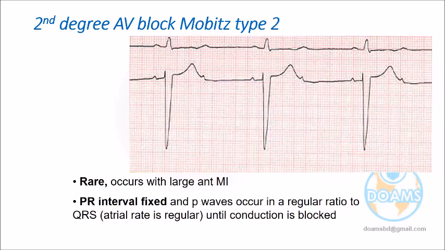It may be normal, but there is a drop beat. So what is the sole criteria in the ECG? Only a drop beat without any change in the PR. This is second degree AV block, meaning Mobitz type 2. These are very, very key words. Try to remember, or write them on paper and memorize, so that the ECG will be easier for you.